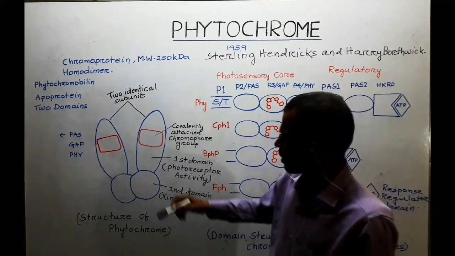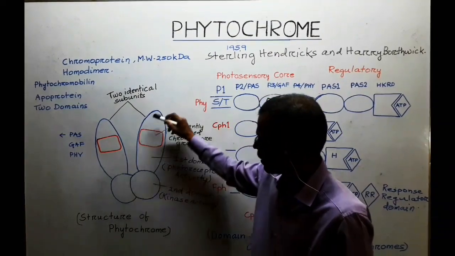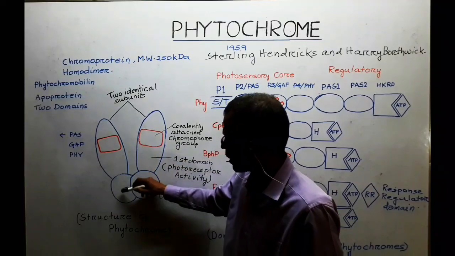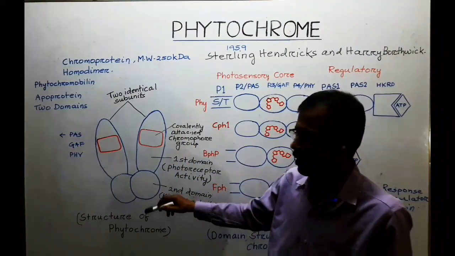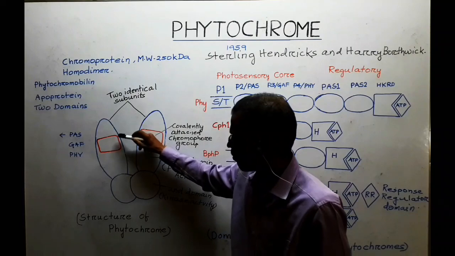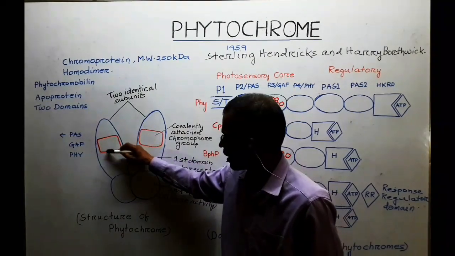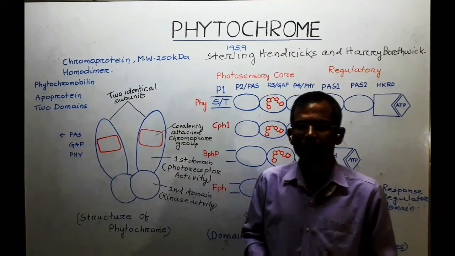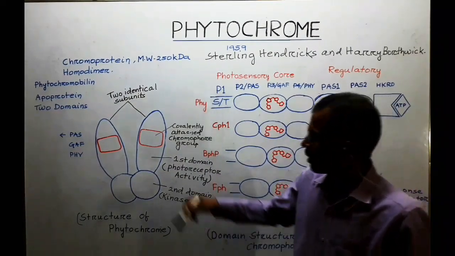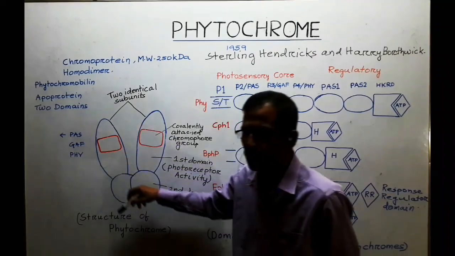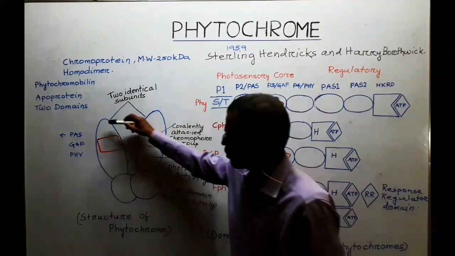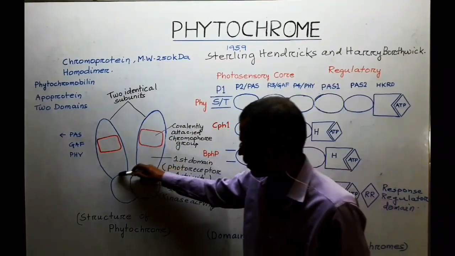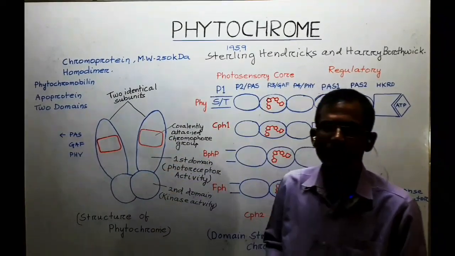The protein part is composed of two identical polypeptide chains known as subunit A and subunit B. Each subunit is covalently associated with a bilin chromophore that absorbs red light and far-red light. Each subunit has two domains. The first domain has photoreceptor activity and the second domain has kinase activity.